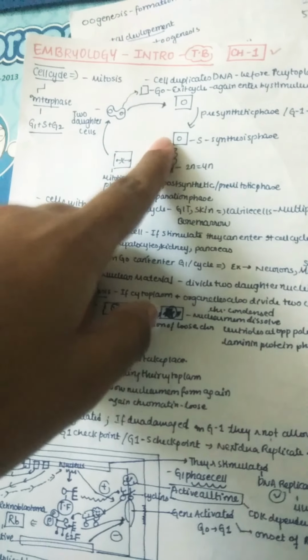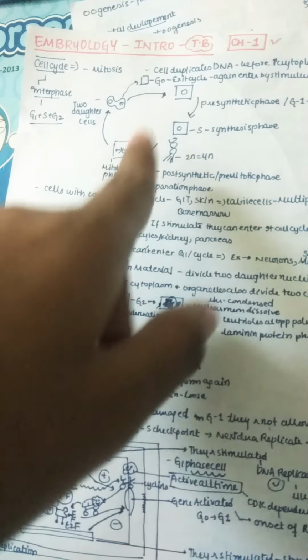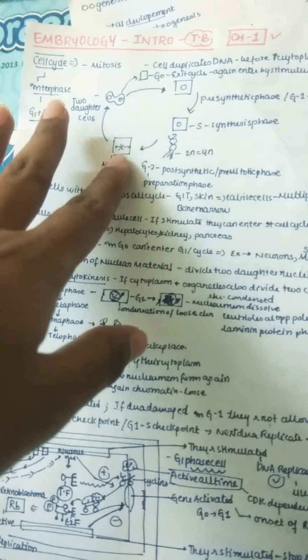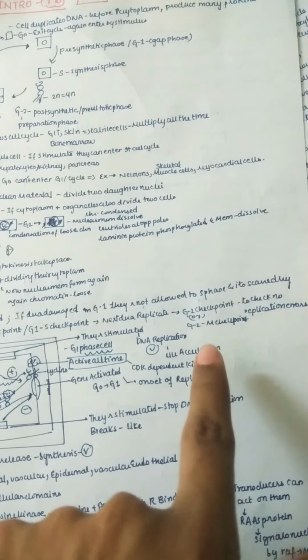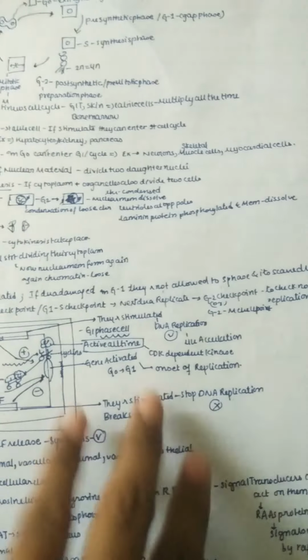G1 is mainly about whether to send the cell to synthesis or not. If repair is needed, the cells will exit here. The G2 checkpoint checks after replication whether there is any replication error or not. That is the G2 checkpoint, also known as the G2/M checkpoint.